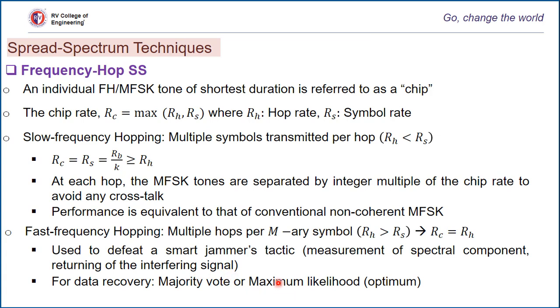Another procedure, as we are much familiar with, is where likelihood functions are computed as a function of the total signal received over K chips, and the largest one is selected, and hence it is called maximum likelihood estimation. A receiver based on the second procedure, maximum likelihood, is optimum in the sense that it minimizes the average probability of symbol error for a given signal to noise ratio.